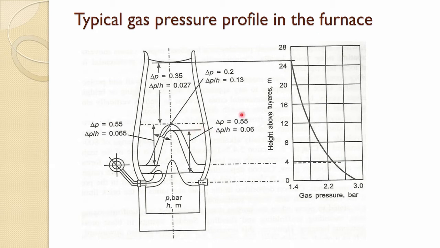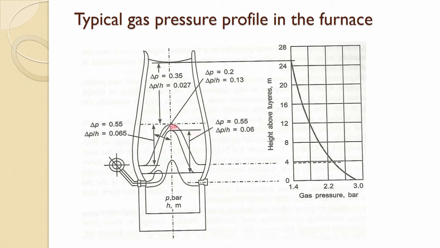So, this is quite a high pressure drop in comparison to the stock region. See, the stock region height is very high, and that is why the gradient of this pressure drop is quite low. Here the height is low, but still the pressure drop is very high.